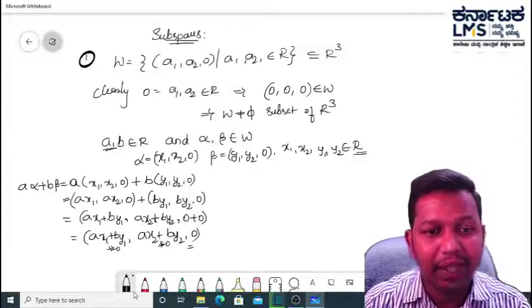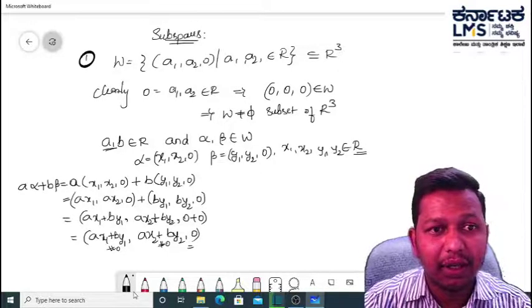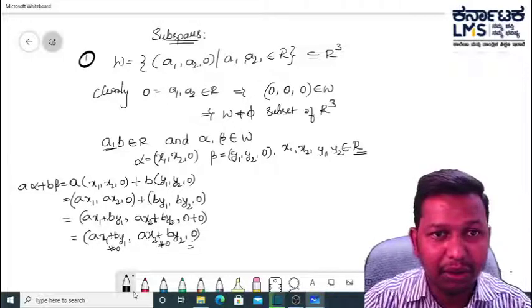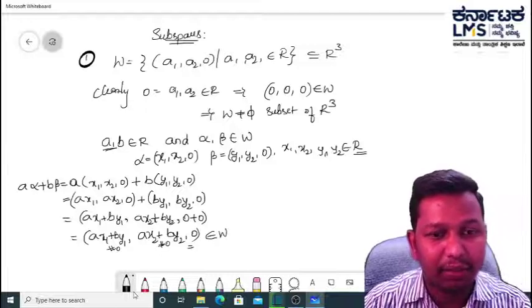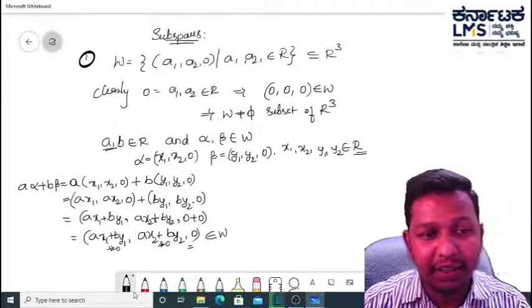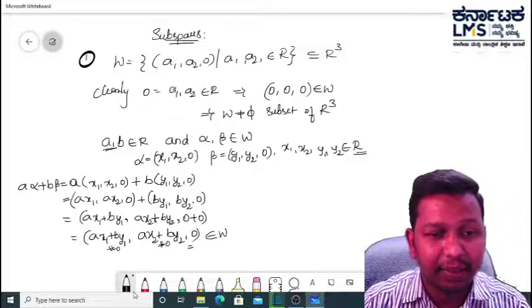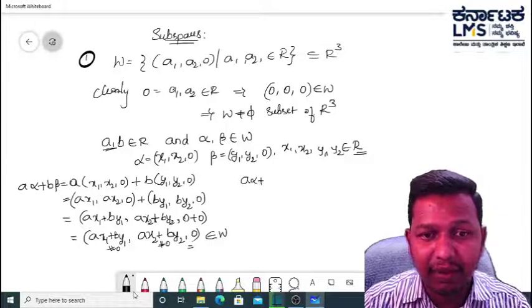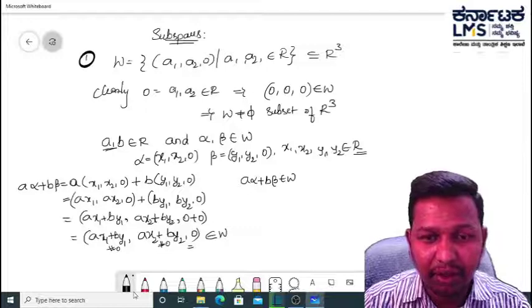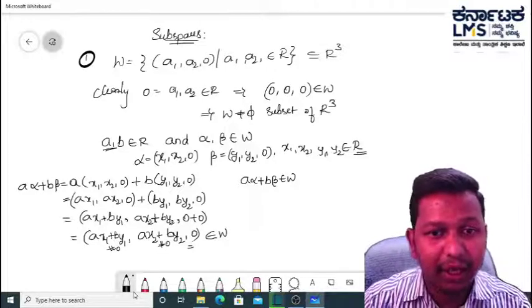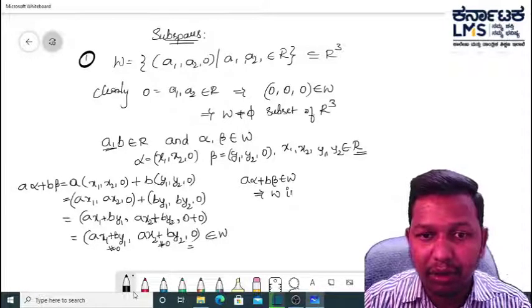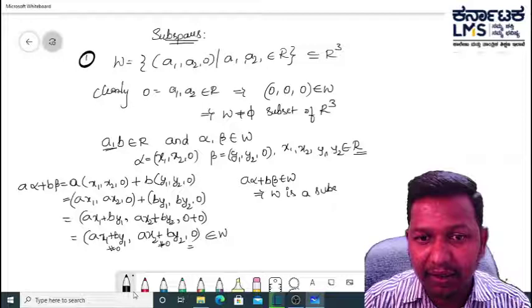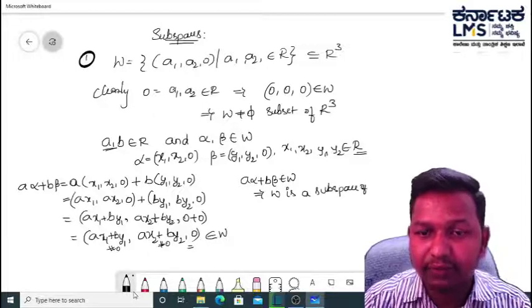This is the same as our W element (a1, a2, 0). Therefore, this is an element of W. Since W satisfies the criterion for subspace, that is a alpha plus b beta belongs to W for every alpha and beta, we conclude that W is a subspace of R3.